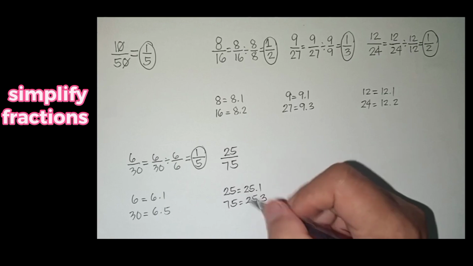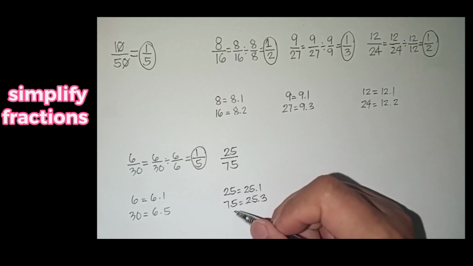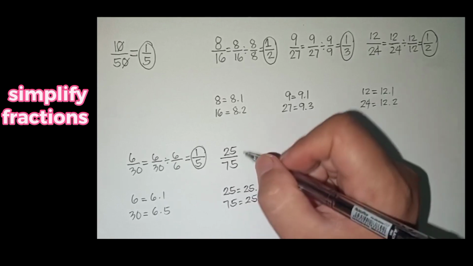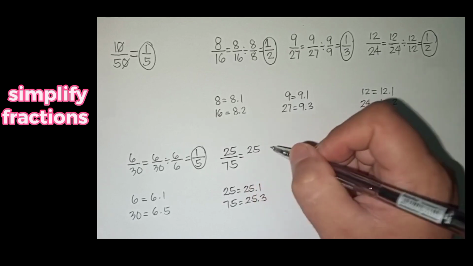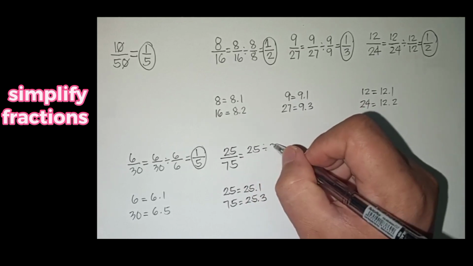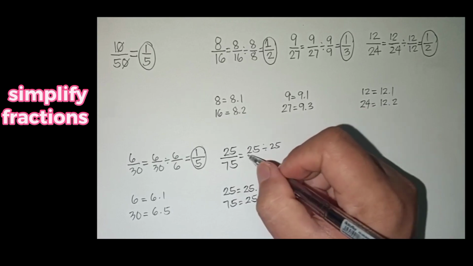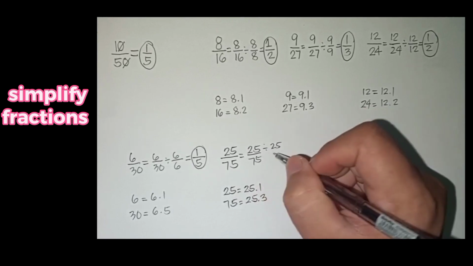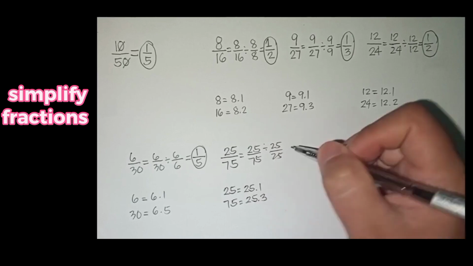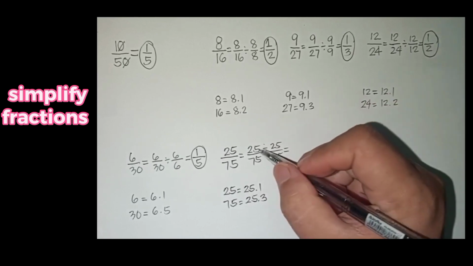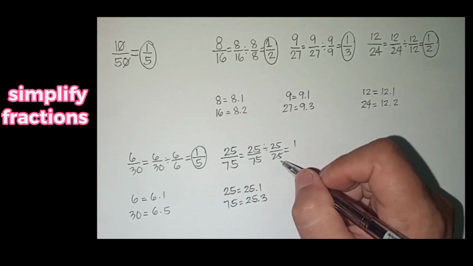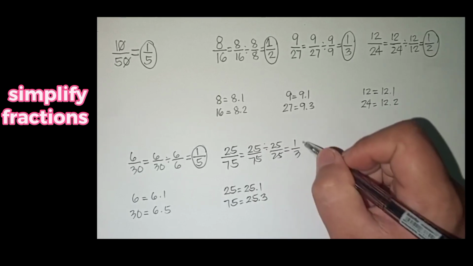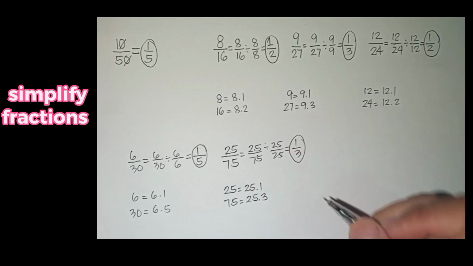So the GCF between 25 and 75 is 25. So we have to divide 25 by 25, and also 75 by 25. So 25 divided by 25 is 1. 75 divided by 25 is 3. So the answer is 1/3.